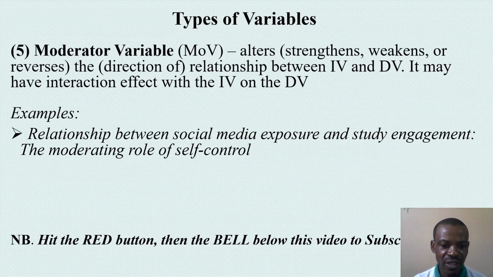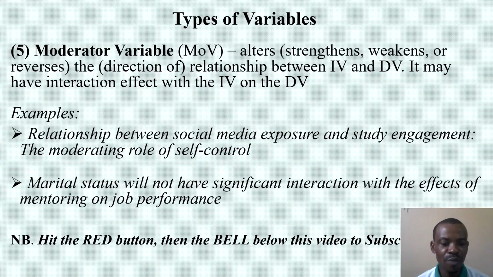So let's look at more examples. We have another example of a moderator variable. Marital status will not have significant interaction with the effects of mentoring on job performance. What we're simply trying to say here, although this is a null hypothesis, is that mentoring is the independent variable which impacts on staff job performance.